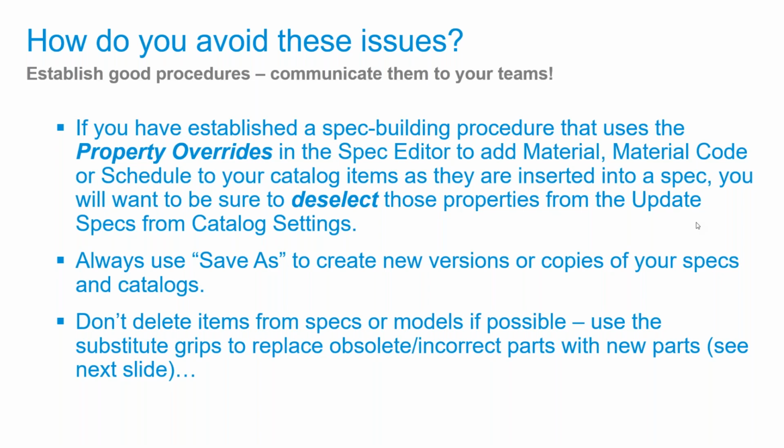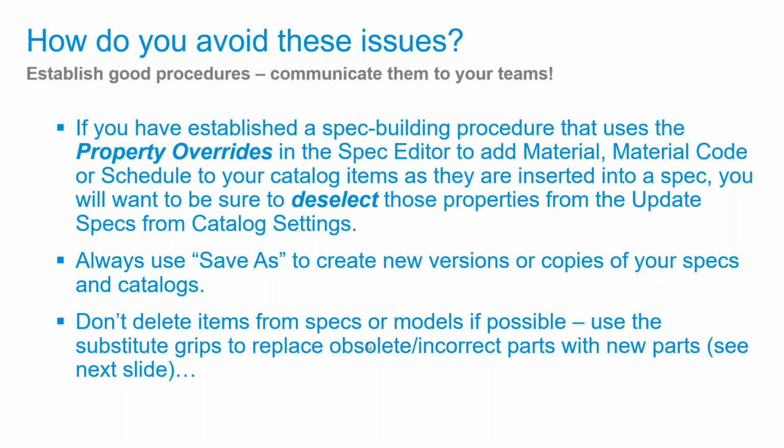So do a save as if you want to create a copy of a spec, and do a save as of your catalogs if you want to create a copy of your catalog, because it will create new IDs. Don't delete items from specs or models if possible.